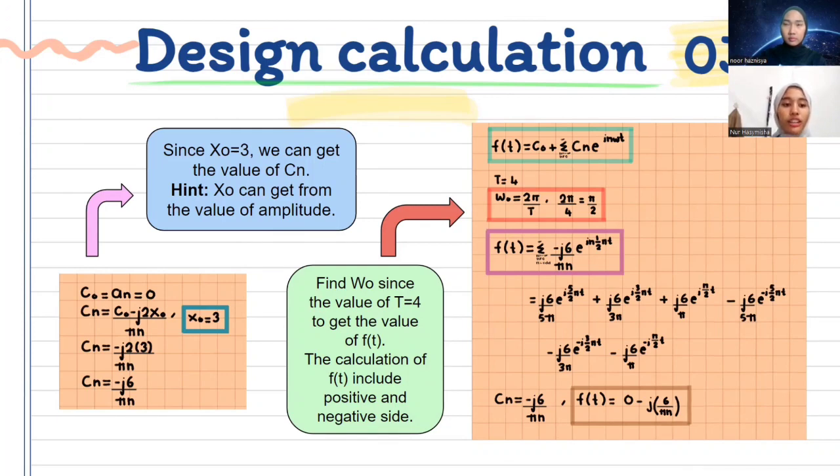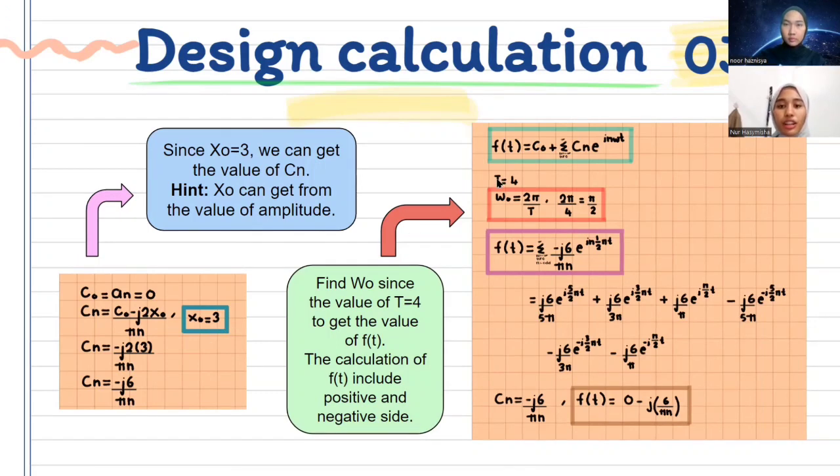The C node will be equal to An, which is equal to 0. For the Cn, the formula is minus imaginary 2 X node over pi n. Our X node is 3 because our amplitude is 3. Then we substitute the X node into the formula to get the Cn.